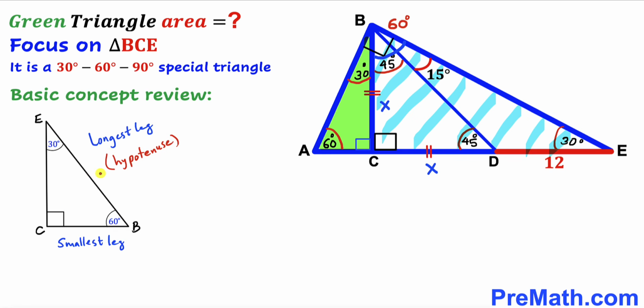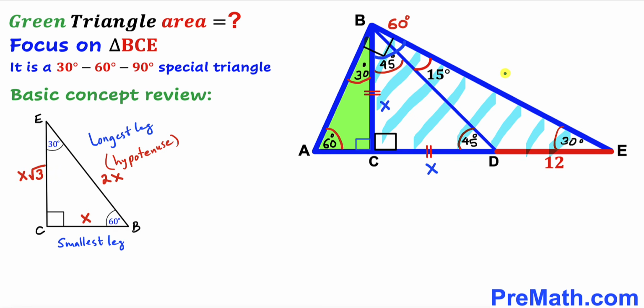In such a 30, 60, 90 special triangle, the longest leg is always twice the smallest leg. In other words, if the smallest leg is 1, then the longest leg is 2, and the third leg is the square root of 3. So in general, if the smallest leg is x, then the longest leg is 2 times x, and the third leg is x times the square root of 3.